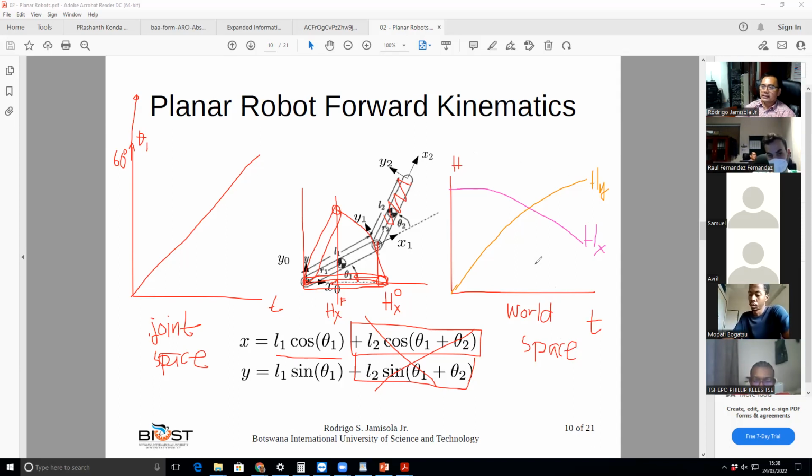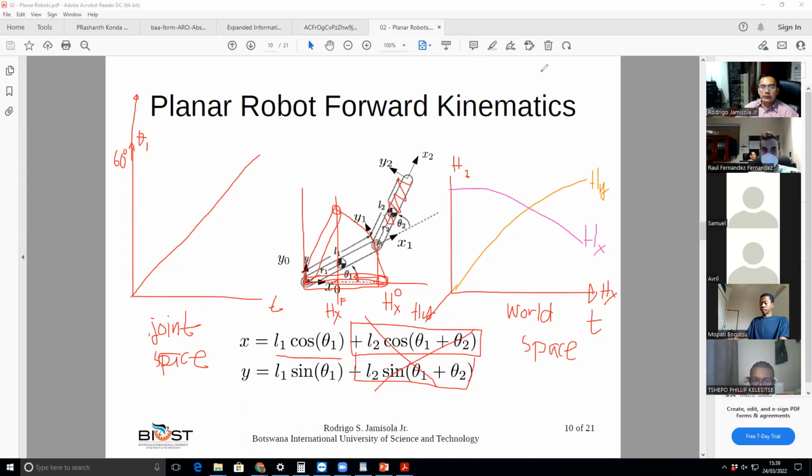You can plot it in 3 dimensions also, like hx, hy here, and hz there, then it becomes a 3-dimensional plot. But when you're talking about the world space, you are talking about the hand position with respect to the world, and when you are talking about joint space, you are talking about the joint angles.